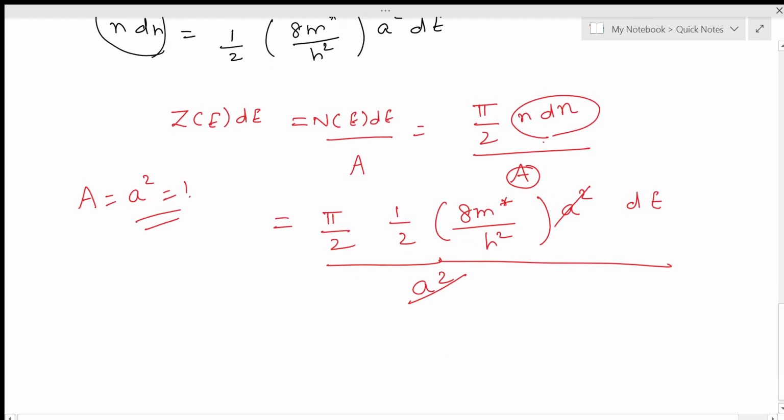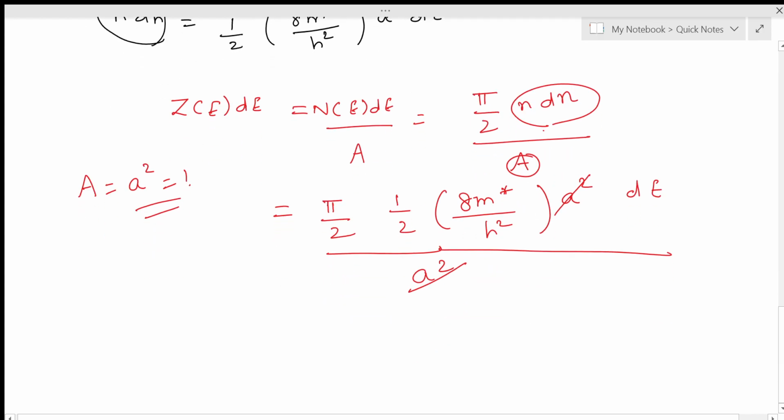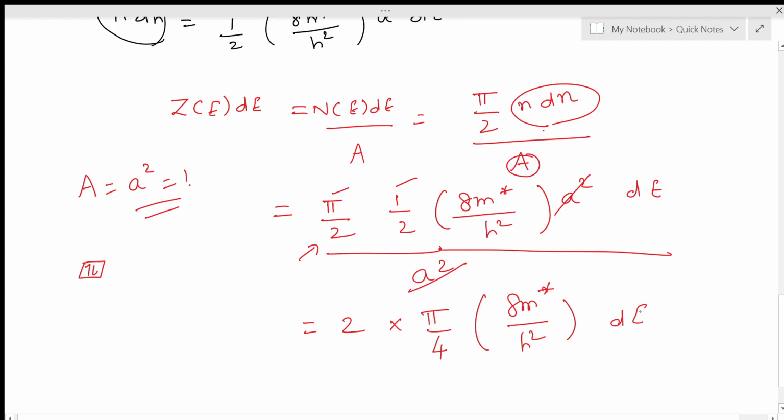Then also, according to Pauli's exclusion principle, each energy state, each energy level, can be occupied by 2 electrons with spin up and spin down. Therefore, multiplying the above equation by 2, we get 2 into pi by 4 times 8 m star by h square into d.